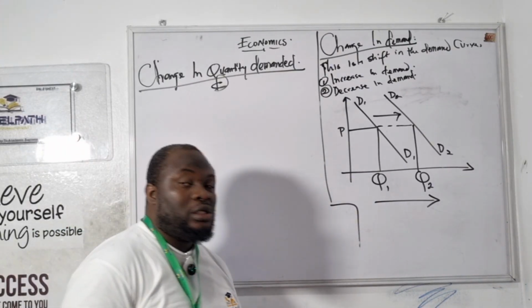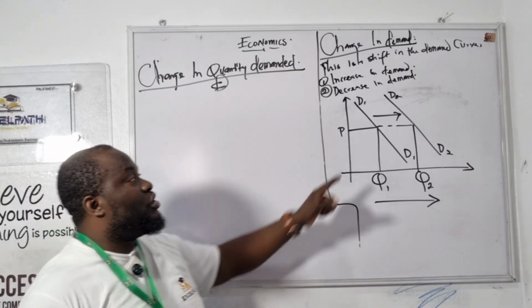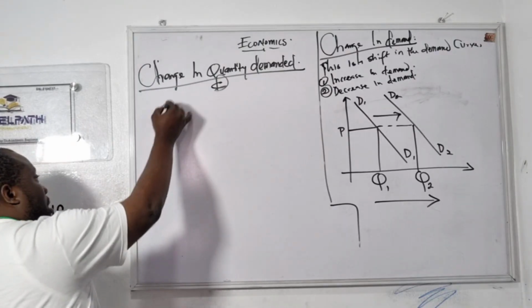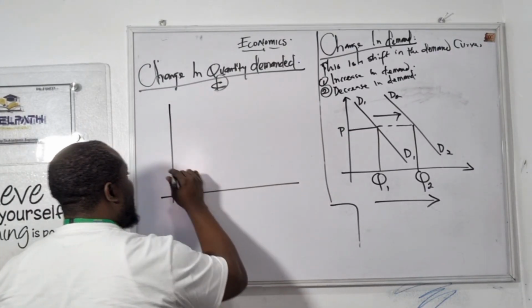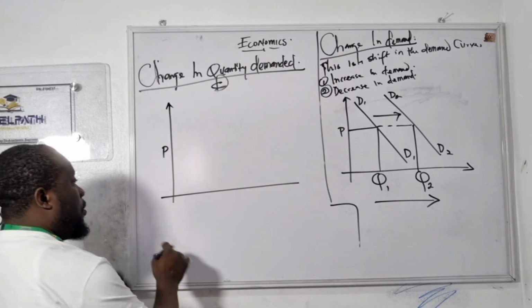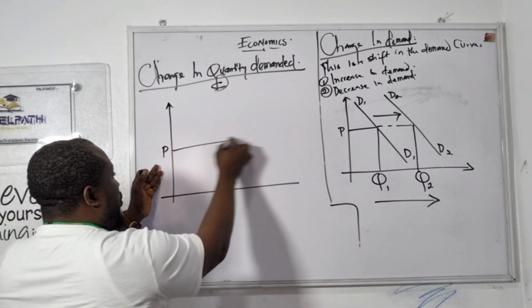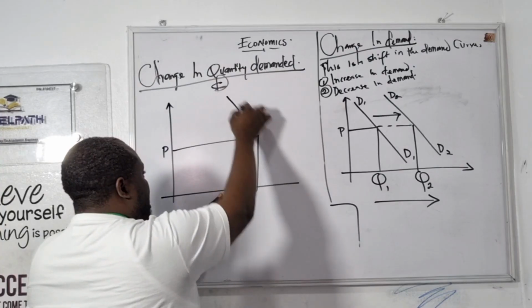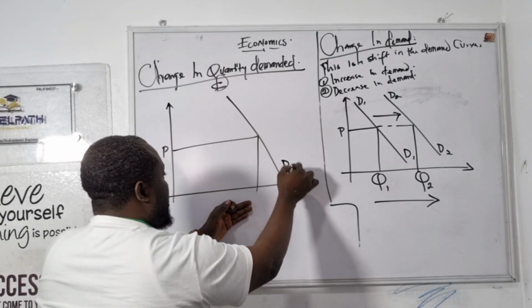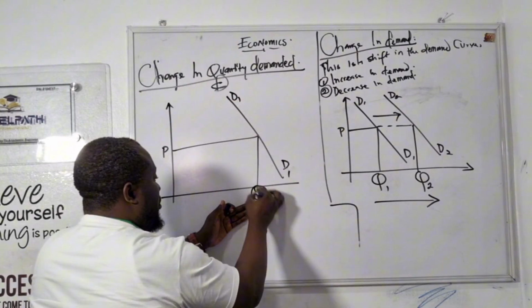So what will happen to his demand? His demand is going to what? It's going to decrease. Am I communicating? Now look at his demand curve. At the same price of a commodity, when he was earning 1 million naira per month, this is the demand curve.